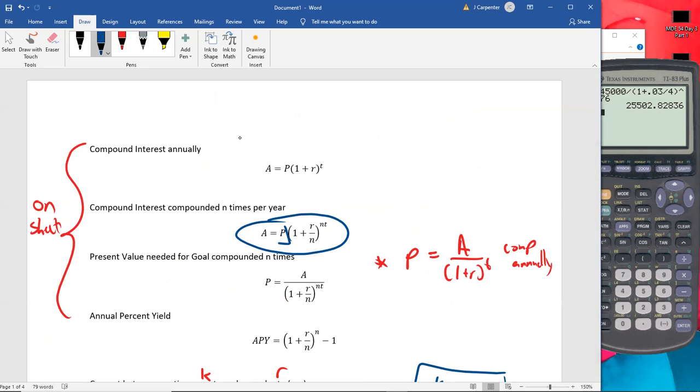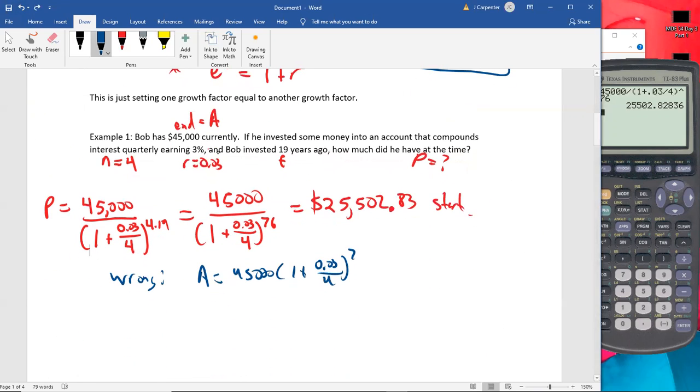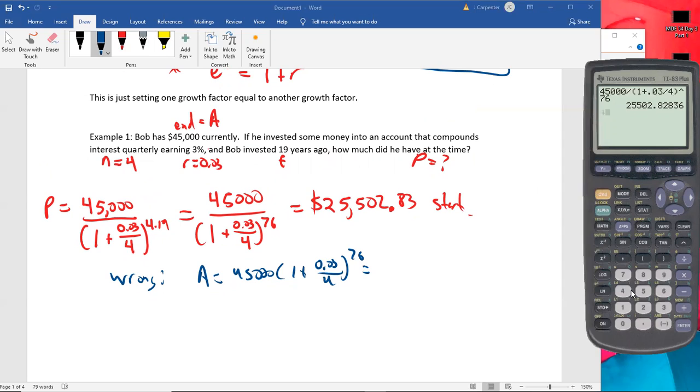But what I've done wrong here is that 45,000 is a starting value, but it's really supposed to be the ending value. So if you type this out, let's see what happens. The true nature of the blue one is this is 45,000 invested for 19 years at 3% quarterly. So again, this answer is wrong for the context of the problem. I'm just showing you how I can tell it's wrong.